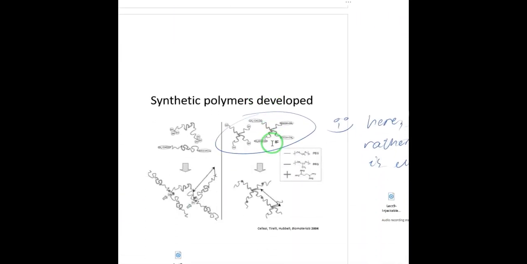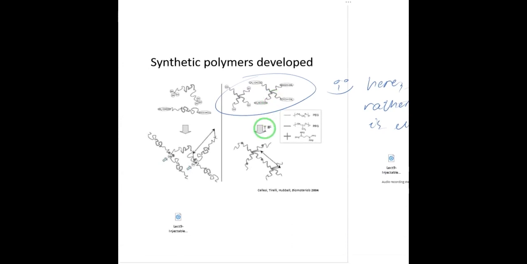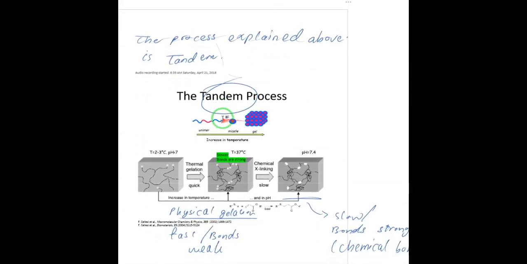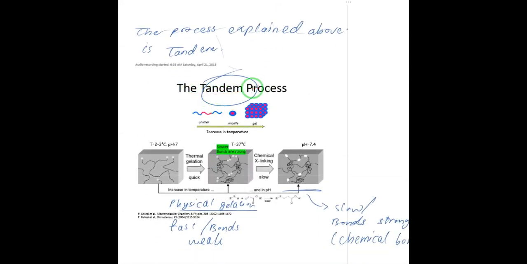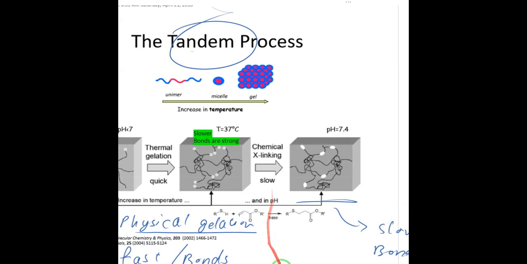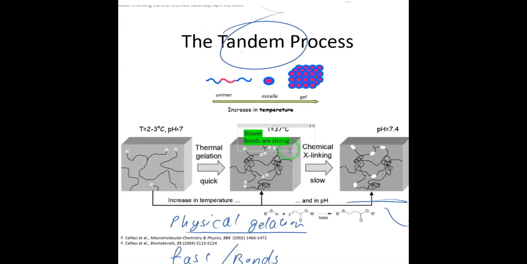I hope that you have understood what I wanted to mean, and we call this process the tandem process, the process of using the chemical bonds in order to have the hydrogels which are connected to each other more strongly.